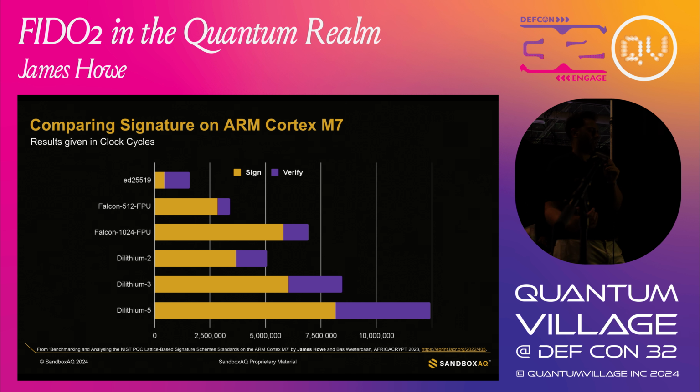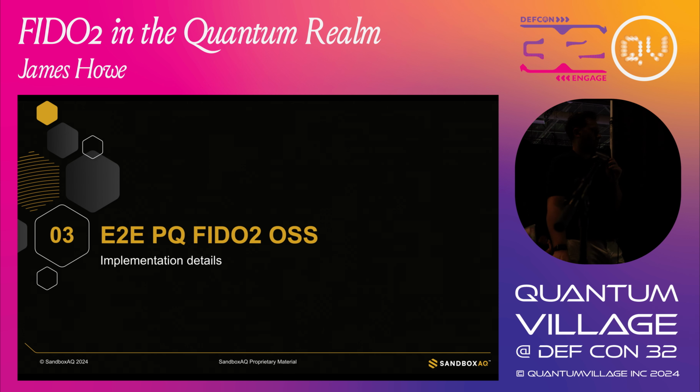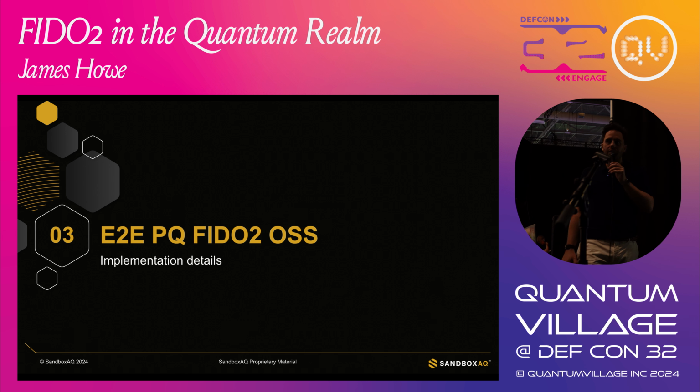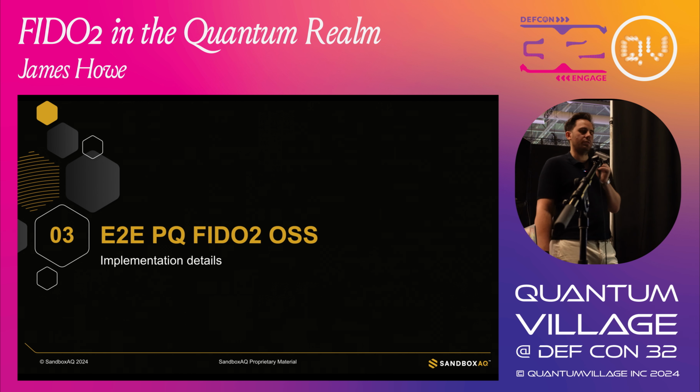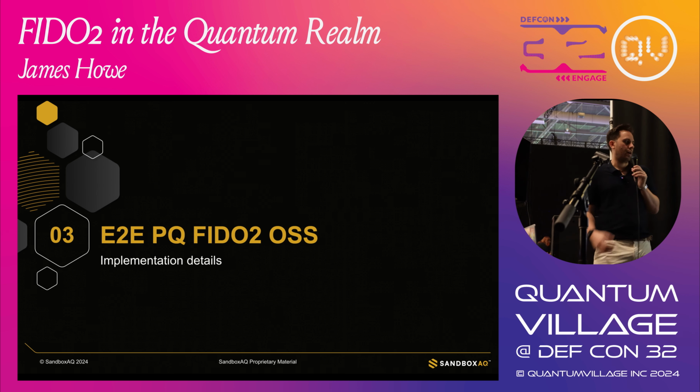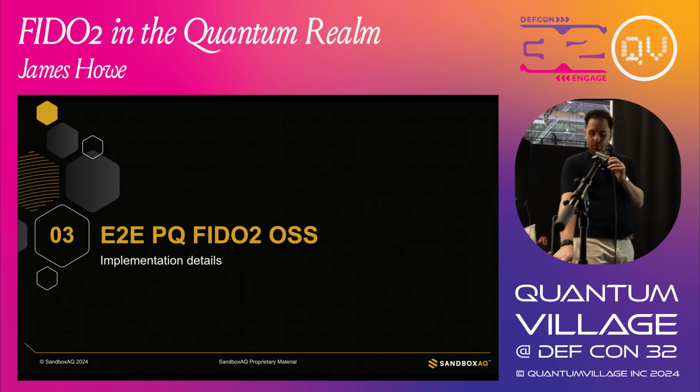But in future, it doesn't mean that FIDO devices will have that FPU on them. So it's really unknown whether we'll have the faster one or the slower one. That's sort of a preamble of what we really wanted to present to you today. At Sandbox, we've been working on an end-to-end post-quantum FIDO2 open source implementation.